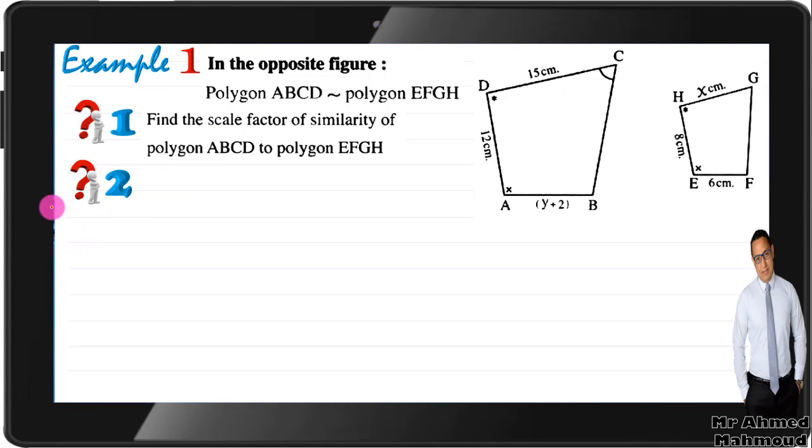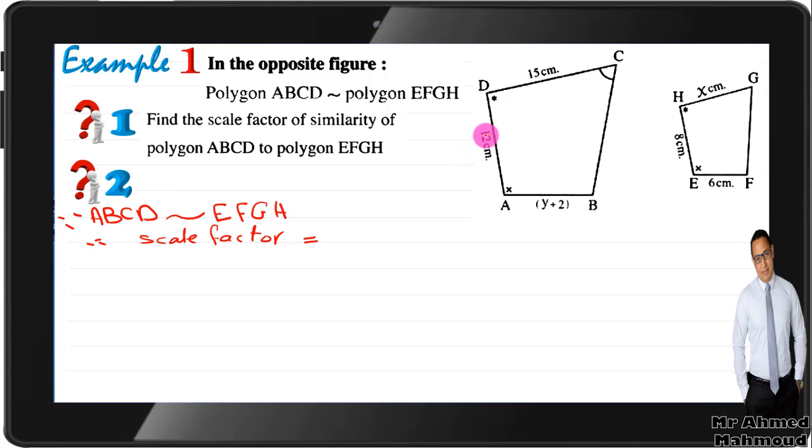The scale factor: since ABCD is similar to EFGH, therefore the scale factor equals any two corresponding sides.